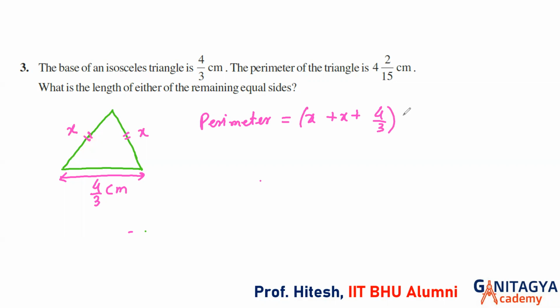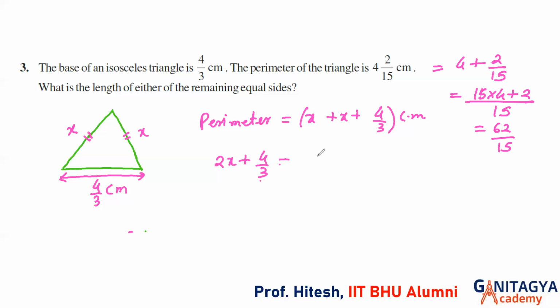Now the perimeter is given by mixed fraction 4 plus 2 upon 15. So this is 4 into 15 plus 2 upon 15, that is 62 upon 15. So now 2x plus 4 by 3 is equal to 62 upon 15.